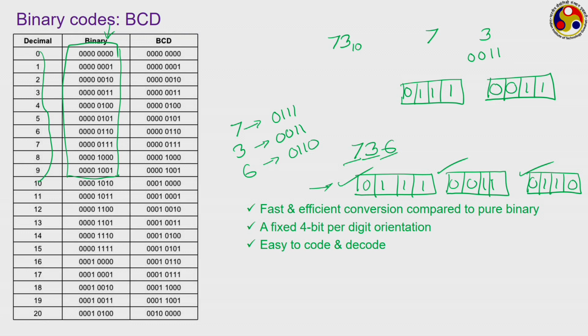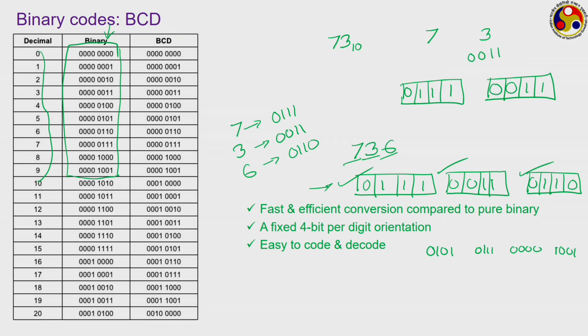Similarly, when we are given a set of BCDs, suppose it is mentioned that your BCD code is 0101, 0111, 0000 and 1001. Then we know that we have 4 registers each comprising 4 bits, and therefore the decimal number we are talking about has 4 digits in it.